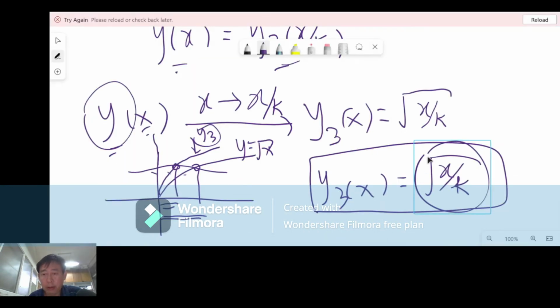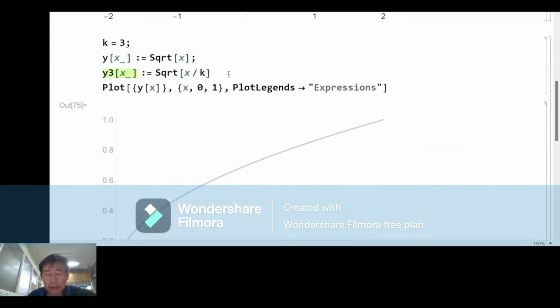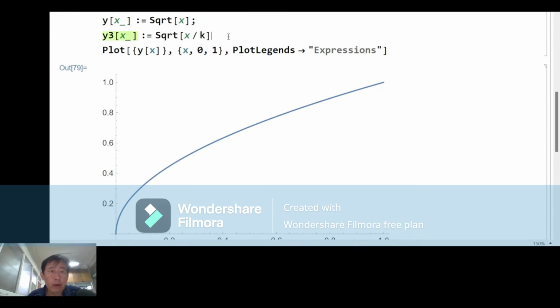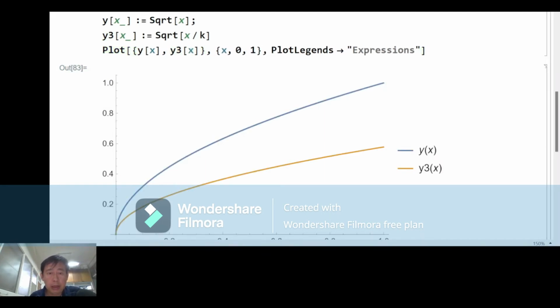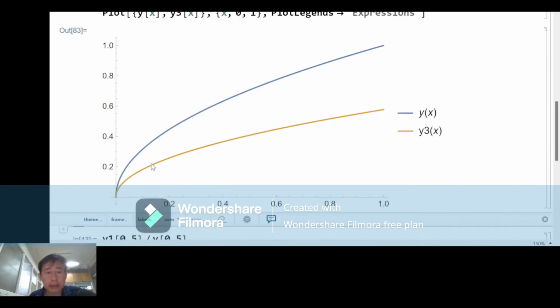So when I plot this function of y3, I expect the y3 to be lying on the left of the original function. So let's see if this is true. I plot y and also y3, and see the y3 is lying on the right hand side of the function of y.